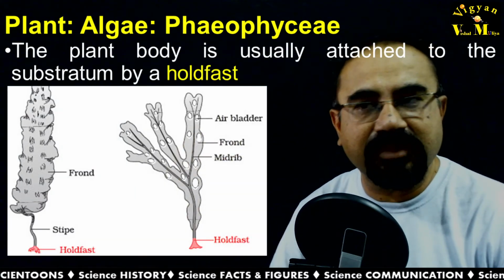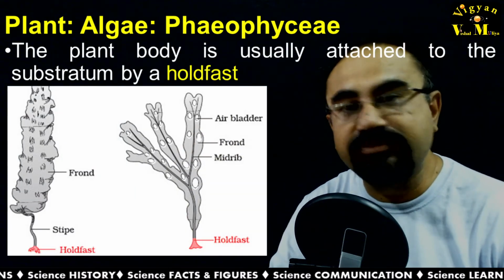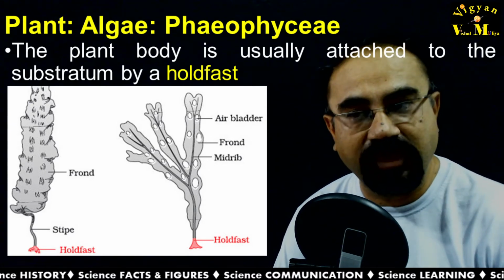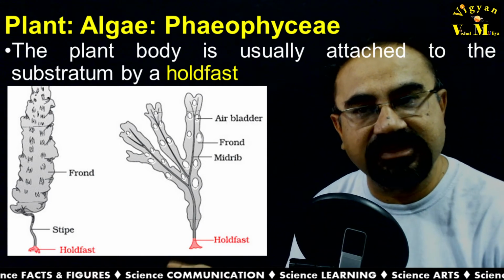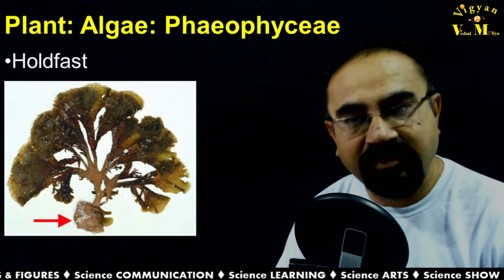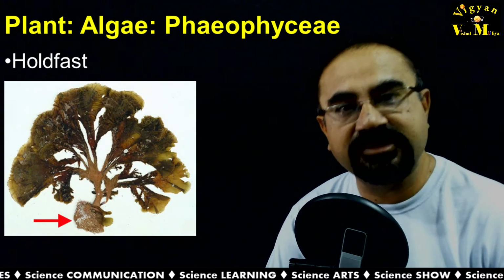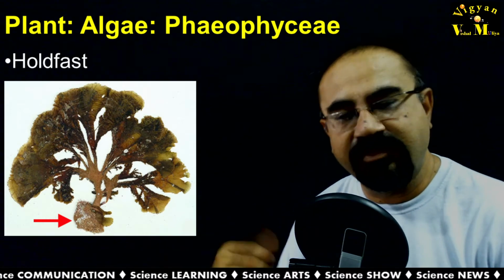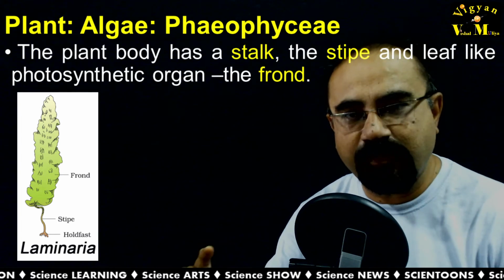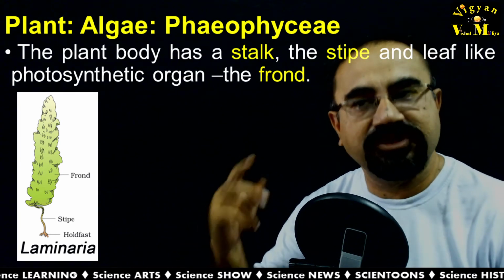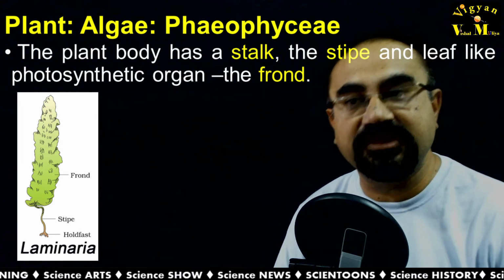The entire plant body is attached to the substratum with the help of a holdfast, and here one can see the holdfast on the lower side, which is red in color, and one can see the real holdfast here in the plant structure. The plant body has three main parts: stalk, stipe and a leaf-like photosynthetic region.